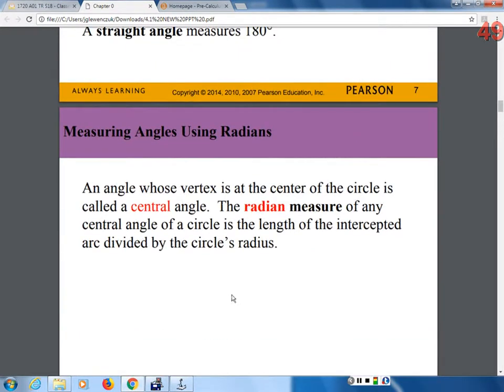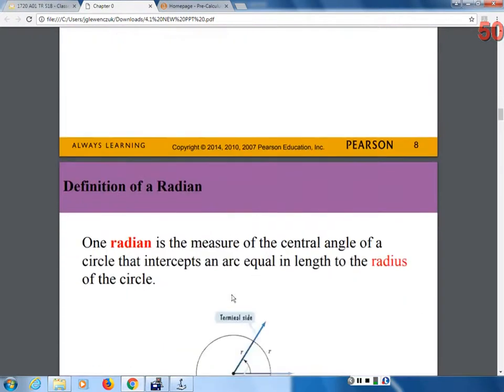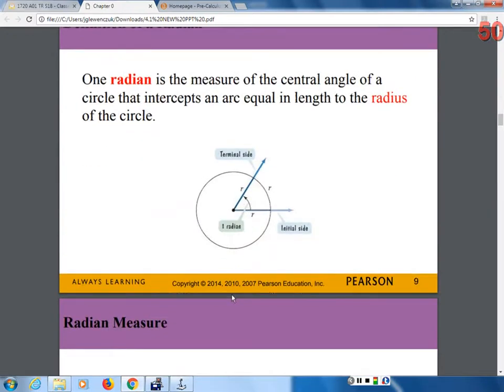Oh, here's the central angle. So, this was number 2 on your notes. An angle whose vertex is at the center of a circle is called a central angle. The radian measure of any central angle of a circle is the length of the intercepted arc divided by the circle's radius. So, let's show a picture here.